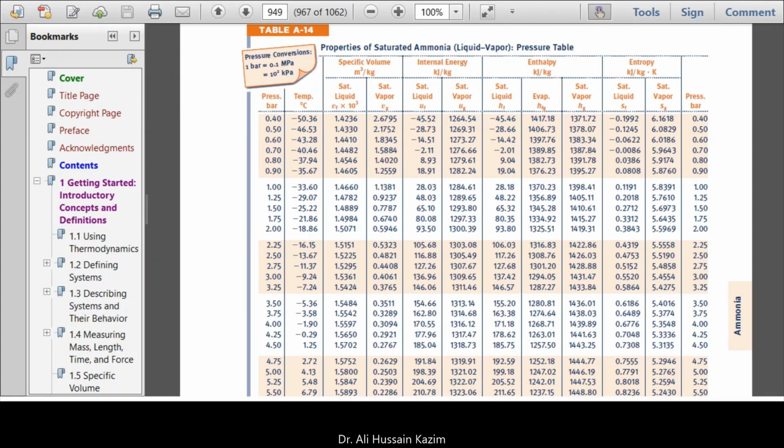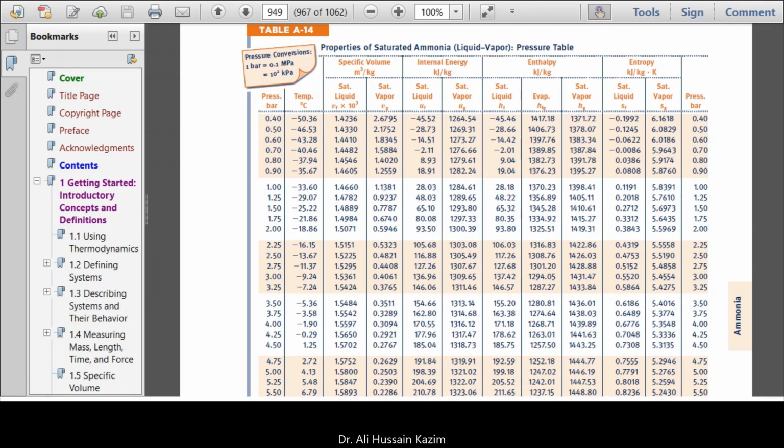Now we read part B. If the water undergoes a constant temperature expansion to a pressure of 30 bar, determine the specific volume at the final state. Now instead of a constant volume process, we have a constant temperature expansion, which means that instead of going 1 to 2, we go 1 to 3.